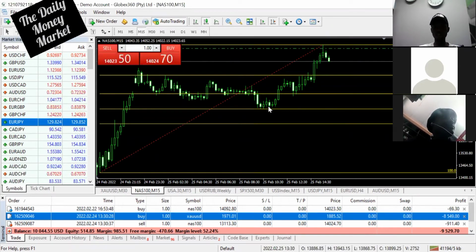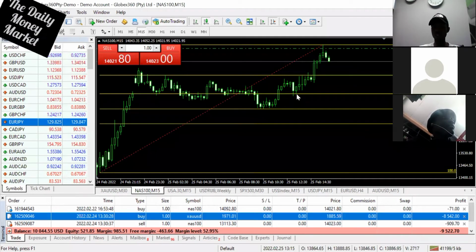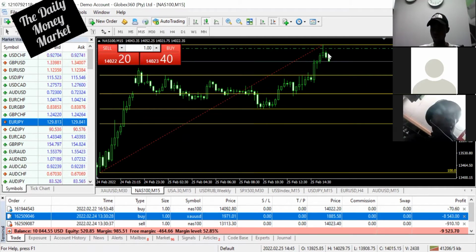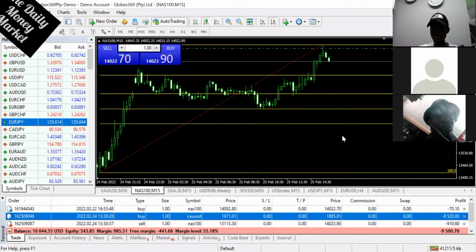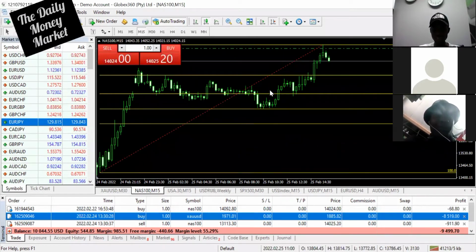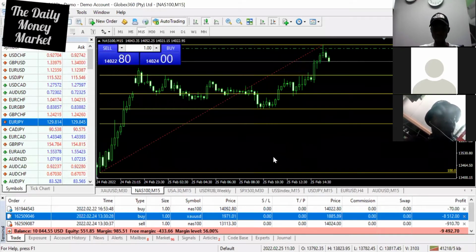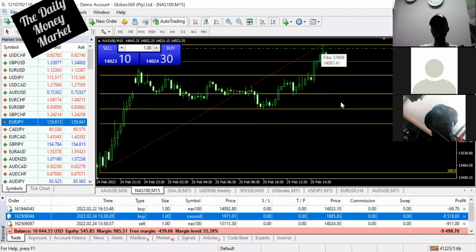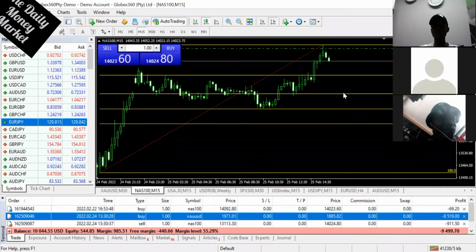We didn't put this line to say this is where it resists. We just draw a line from down all the way up. The whole indicator actually shows where the market has been turning up and down, right? So this is one of the things. You can put your entry point here.